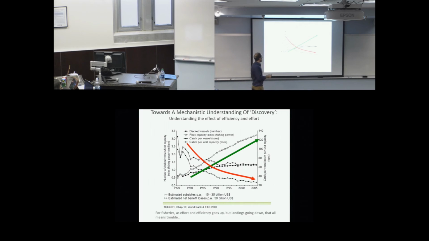So here's effort going up, and catch per vessel, catch per unit, is going down, right? And that's the bit that they missed back in these early systems of trying to manage these fisheries. And we really screwed stuff up, right? I mean, cod kind of ruled the world, and a lot of the major fisheries still have never recovered. It's because we missed this fact that effort was going up while catch or outcome was remaining constant.